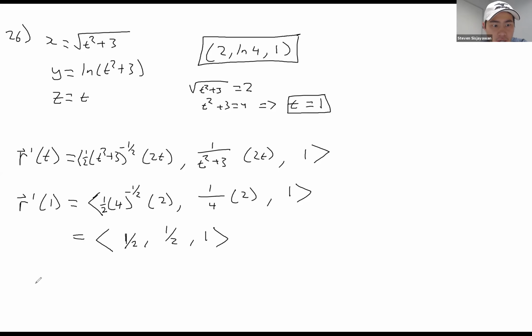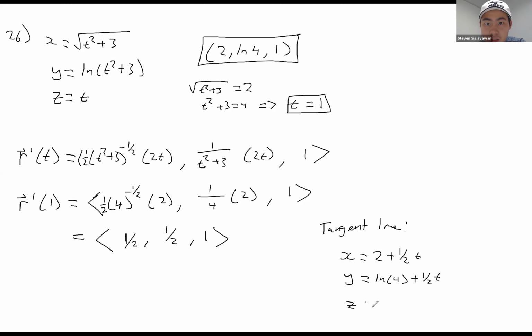All right, so for my answer, my tangent line's parametric functions are going to be x is equal to 2 plus 1/2 t, y is equal to ln of 4 plus 1/2 t, and z is equal to 1 plus t.